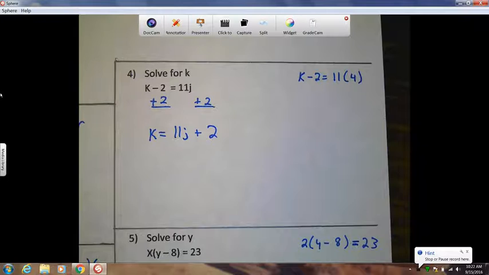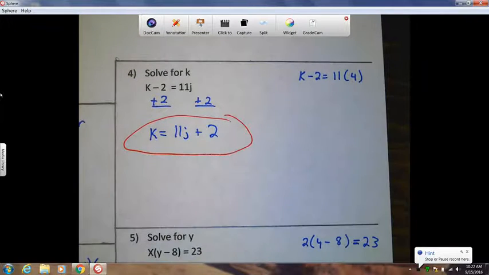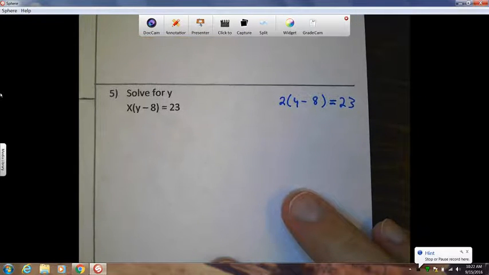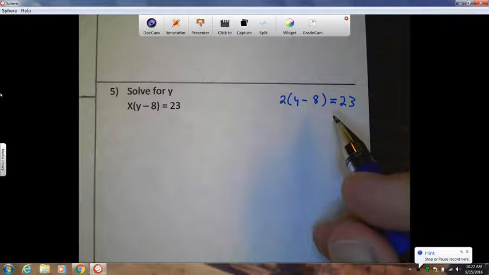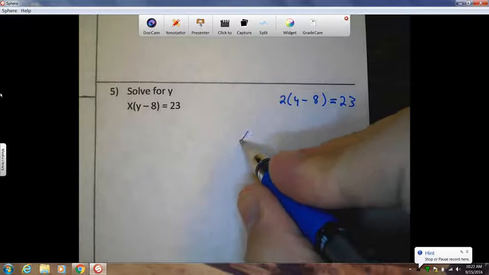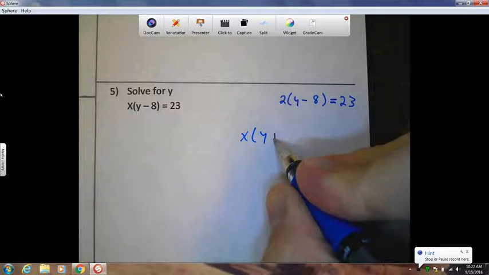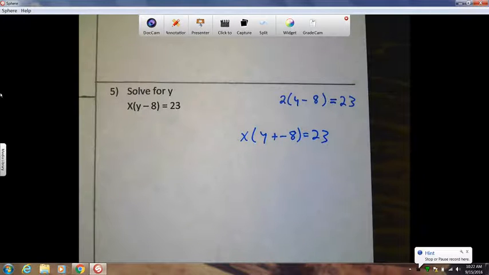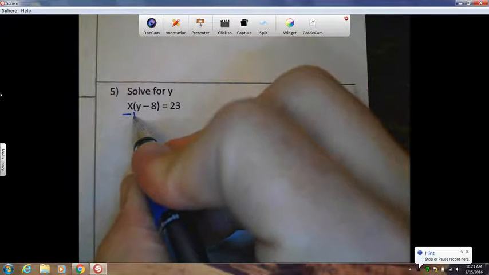Okay, next one. So I have this, and I've showed you how you might rewrite it to help you out. There's multiple ways to solve this, so I'm going to show you both ways. So here I'm going to write it again. If you'll remember what parentheses means in this case, I have x multiplied by this. I have a multiplication problem. I can solve this by dividing both sides by x.